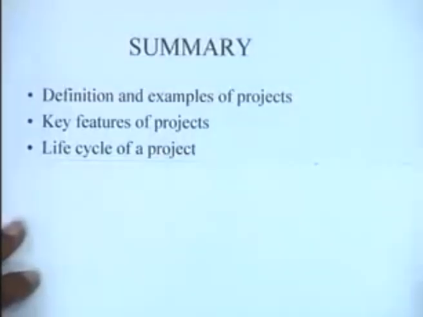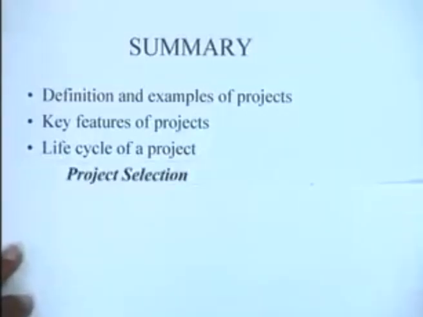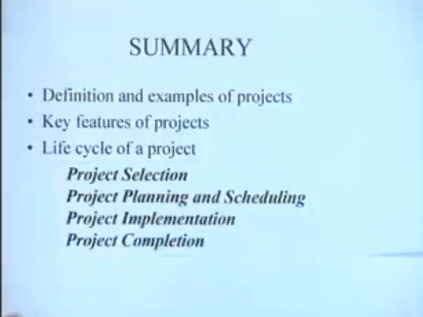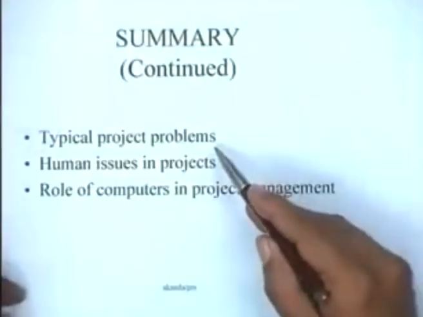We have talked about the life cycle of a project. We have talked about the various phases in the life cycle, starting from project selection, project planning, project scheduling, project implementation, and project completion, and the kinds of problems which come up at these individual stages. Finally, we have tried to look at some typical problems associated with projects.